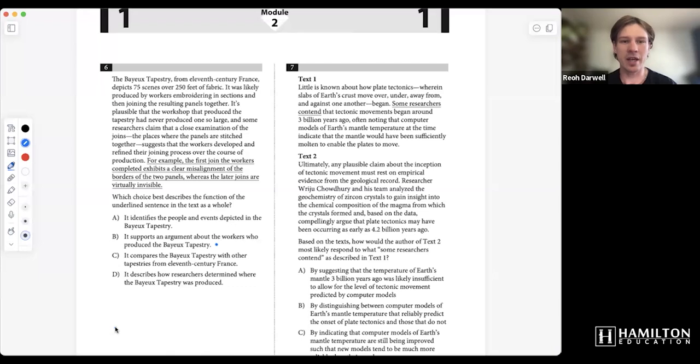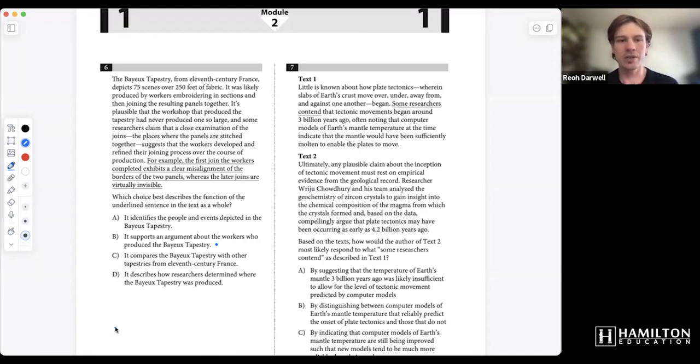Then it says basically, because the workers had never made such a big version of a tapestry, they had to learn as they went along, right? It was something that they had to refine over the course of production. Then our final sentence gives a proof or support, a warrant for how this is seen.